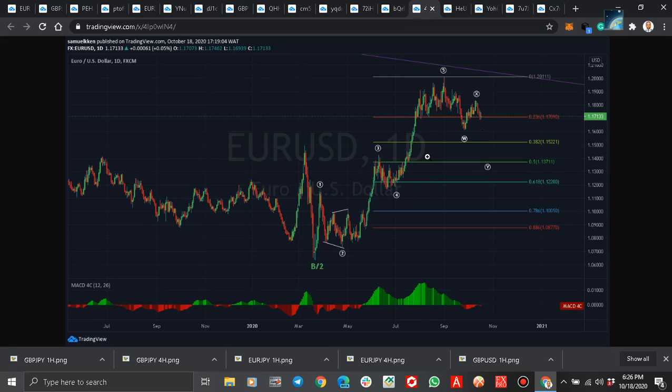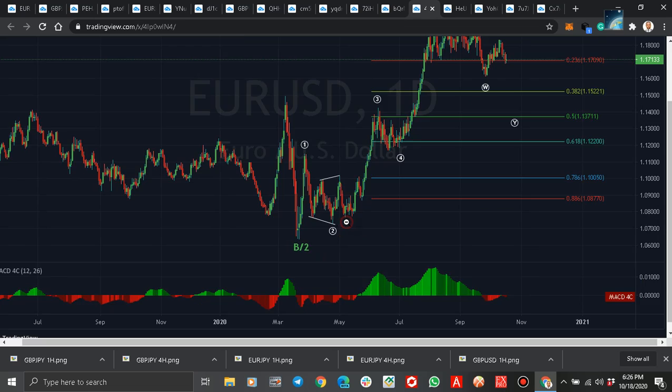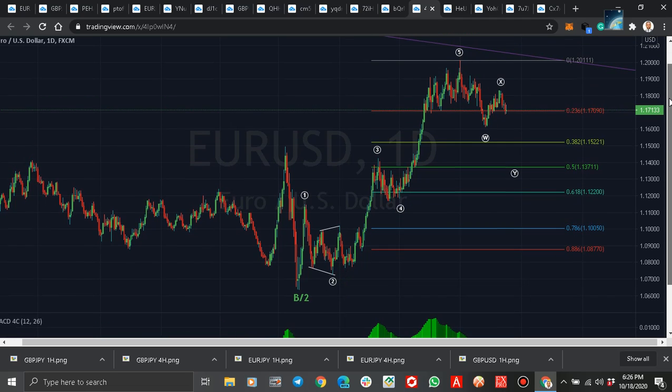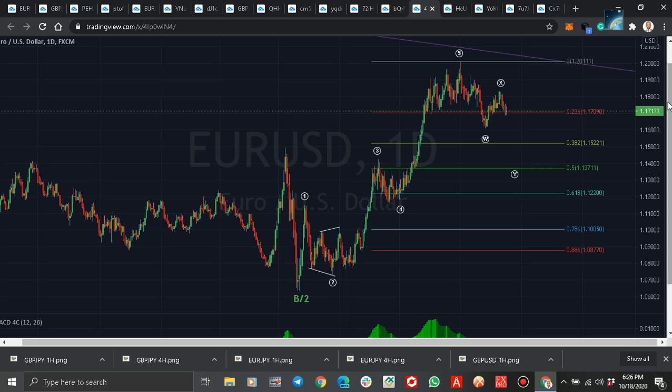On the daily chart, we can see that even if the price goes up, it has to make a correction, because after every impulse we have a correction. This is 1, 2, 3, 4, 5, and this is a clear 5 wave impulse. After each 5 waves, we always have a 3 wave pullback, either ABC or WXY.